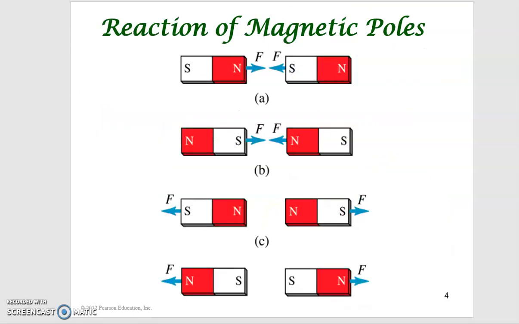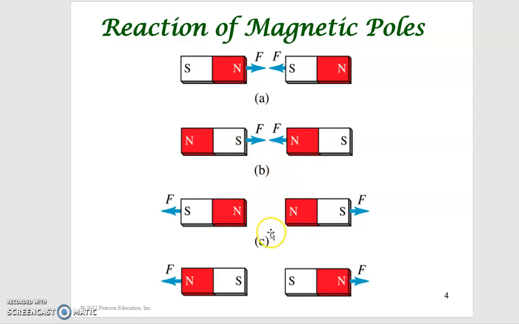So let me give you a pictorial way to show what I just mentioned. If you have two bar magnets, and you have a north pole and a south pole near each other, because opposite poles attract each other, you will feel an attractive force. In scenario B, it simply switches the order, but still, as long as they are opposite poles, they attract each other.